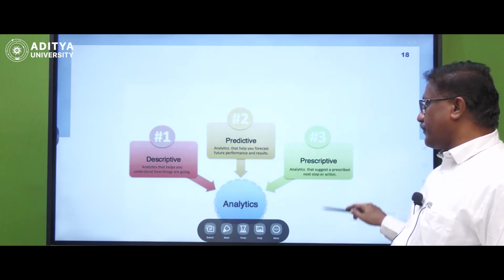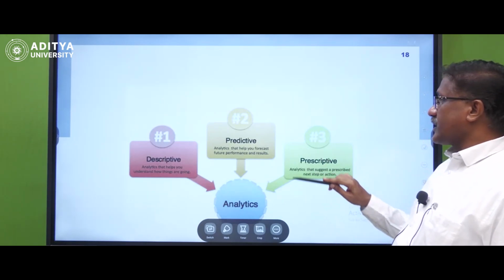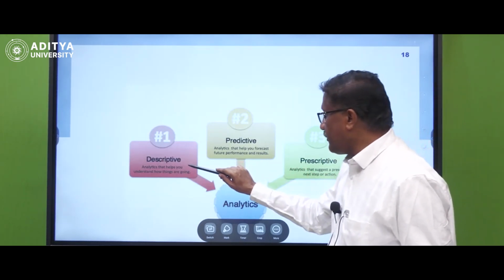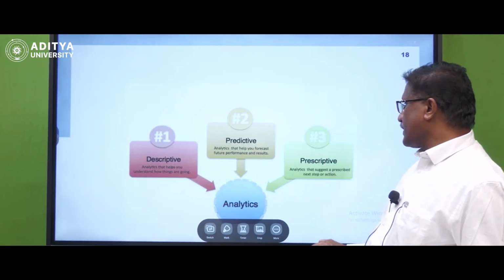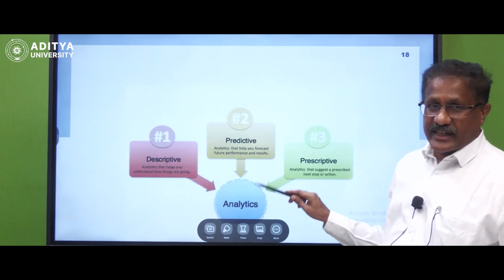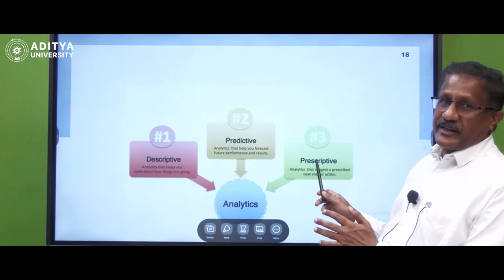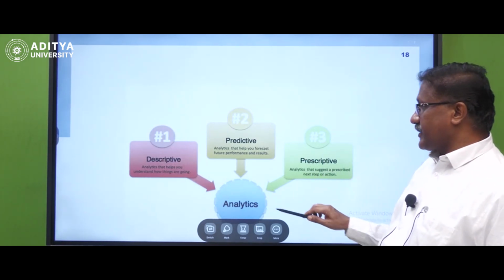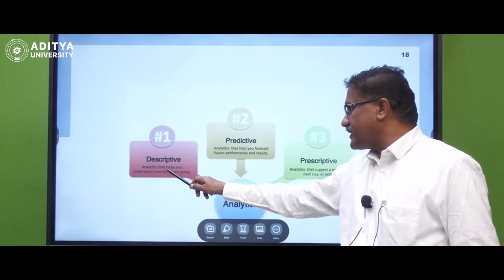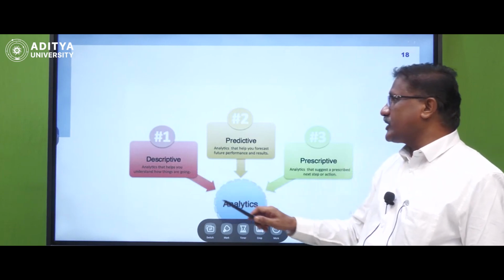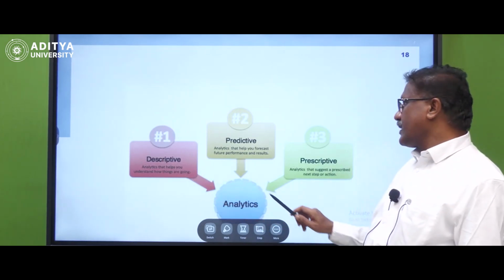Now we almost come to the summary of this: descriptive, predictive, prescriptive analytics. But here I am not including diagnostic; I want to explain it separately for some reason. Descriptive, as we already know, is analytics that helps you understand how things are going on.